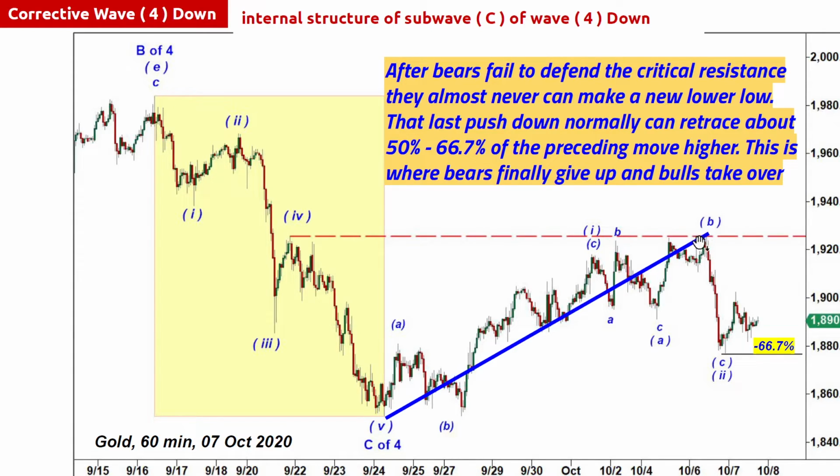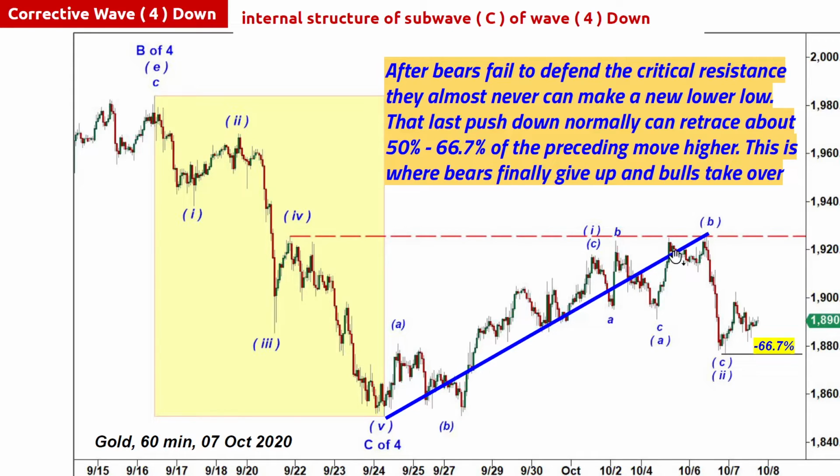Yes, it was a brief violation, but you see that level got defended because, for example, not a single close was made over that line. It just doesn't matter. It's still a violation, it's still invalidation, and from that point we understood that we needed to focus on the bullish count.